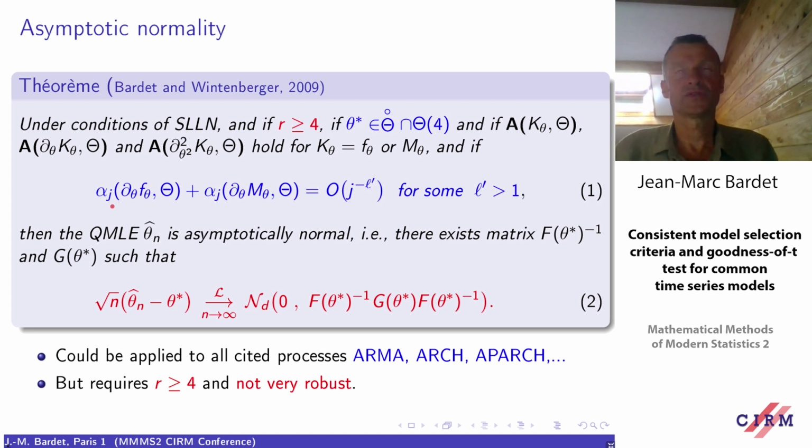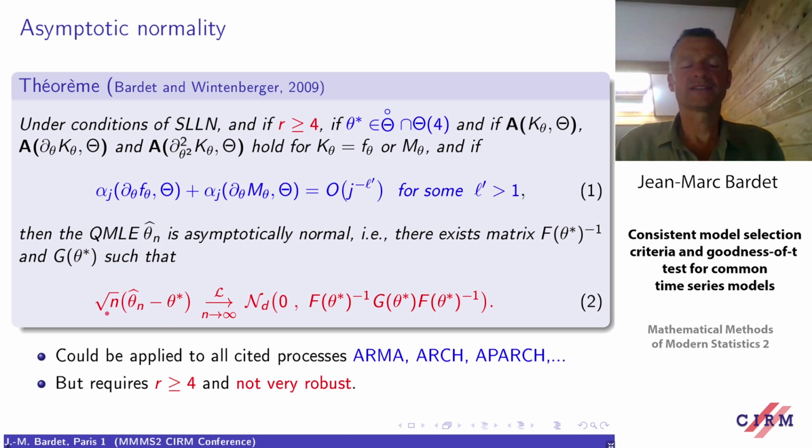And if the decreasing rate of the Lipschitzian coefficient for the derivatives of f theta and m theta is not too slow as previously, then we obtain that theta n is asymptotically normal.